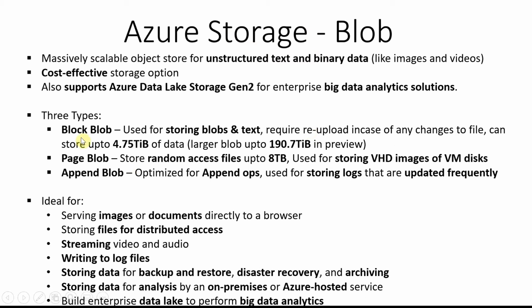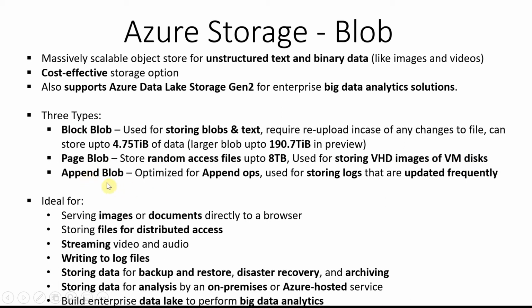The differentiation is that blob is generally for the most used case, storing blobs and text, which is most of the use cases. But if you're looking to store backup images or tapes or VHD images, the virtual hard disk images, then page blob is what should be used, not the blob.